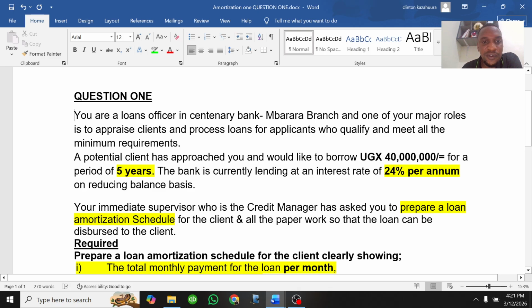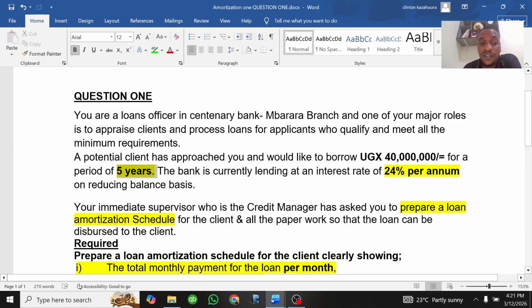You are a loans officer in Centenary Bank Mbara branch, and one of your major roles is to appraise clients and process loans for applicants who qualify and meet all the minimum requirements. A potential client has approached you and would like to borrow 40 million for a period of 5 years. I want you to pay attention to these highlighted statements.